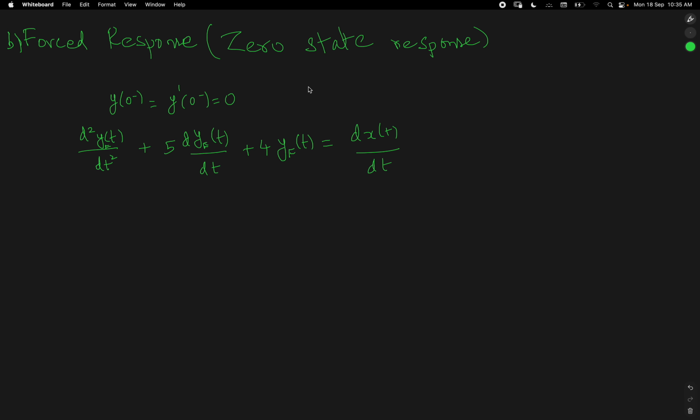We know that x of t is equal to e power minus 2t u of t.